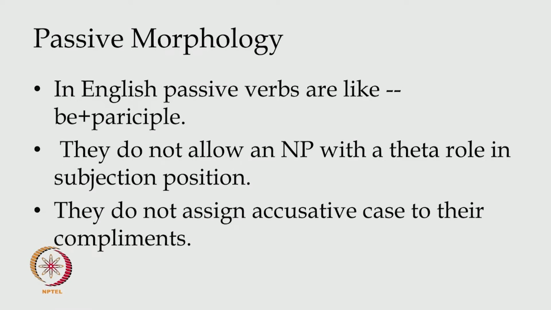So, what is the first problem here? With a passive verb, the first problem we run into is we have a verb which appears to be making a sentence also, but it says, my subject, I will not assign theta role to my subject.